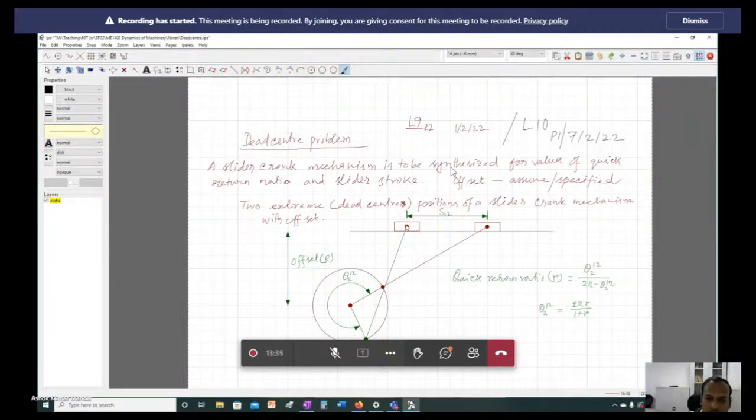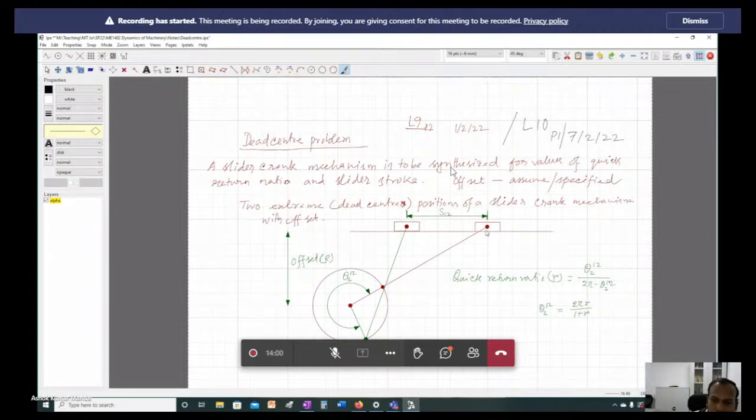I said this is the extreme position, but geometrically you can see that it is not. There is some error, because in the extreme positions, the crank and the coupler have to lie on the same line, or be collinear.